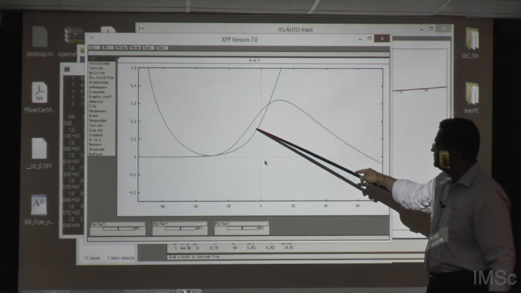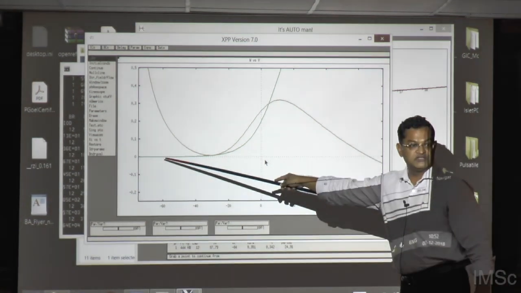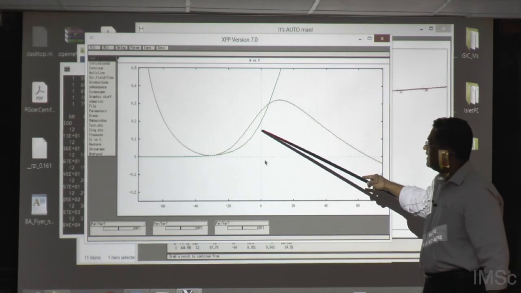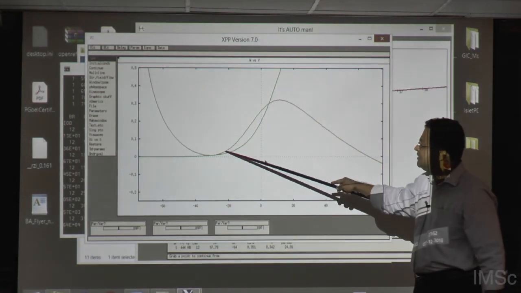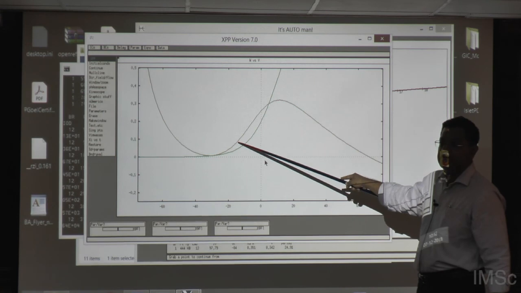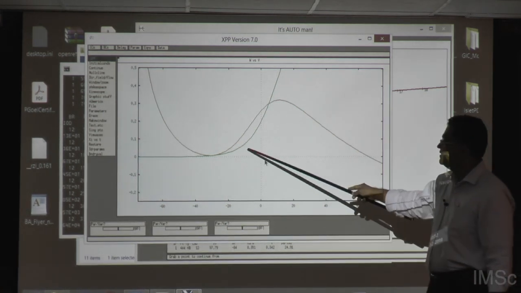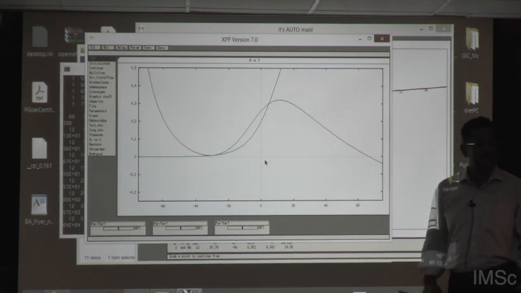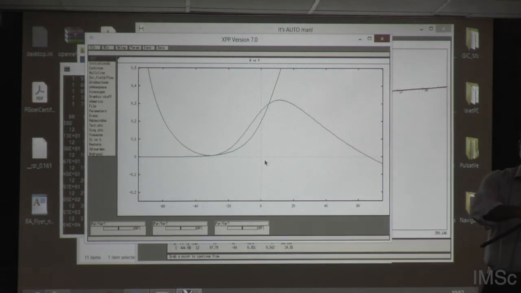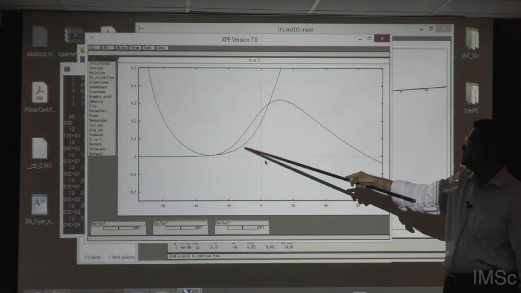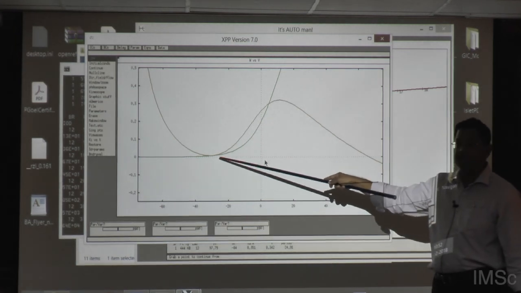So these two fixed points, which started out here and here, one of them stable, this one unstable, are coming closer and closer together simply because the red null line is being raised relative to the green null line. As the red null line rises and rises, it becomes harder and harder for these two fixed points to survive.